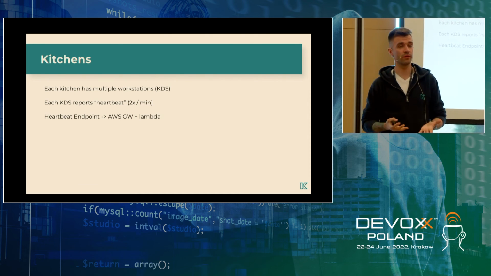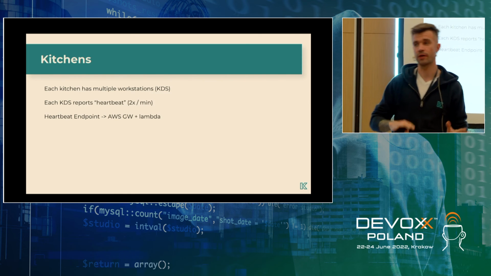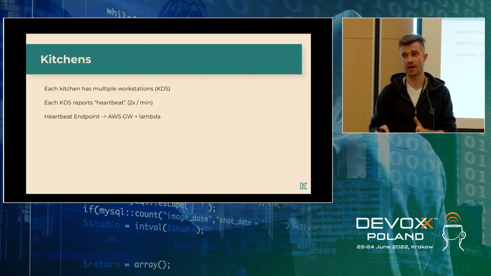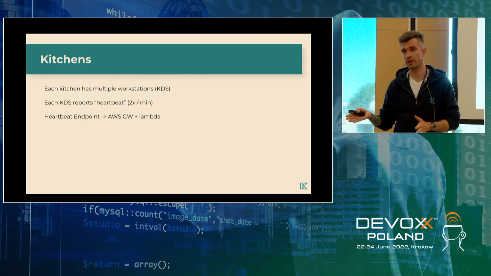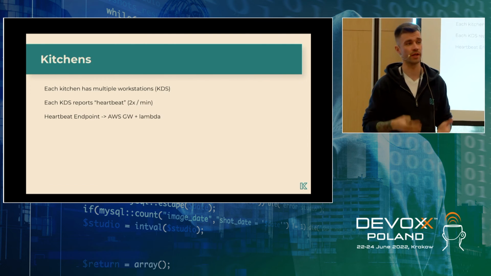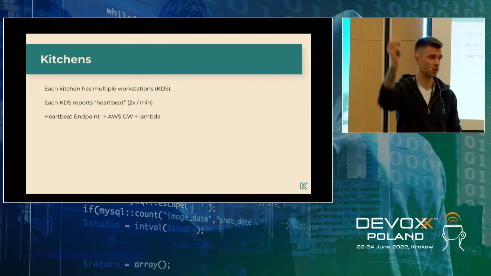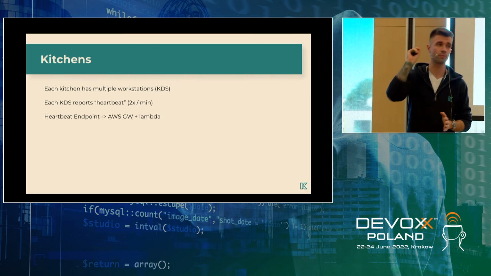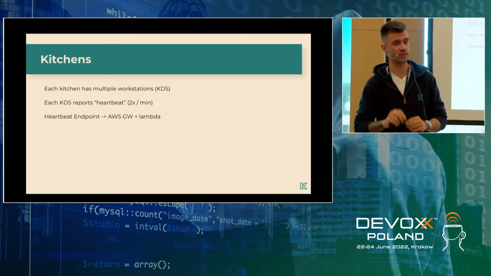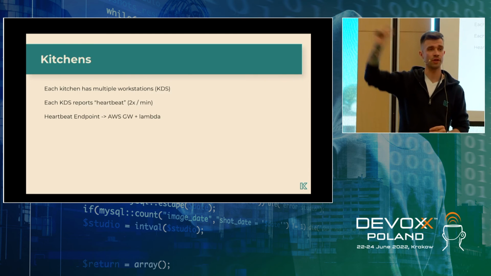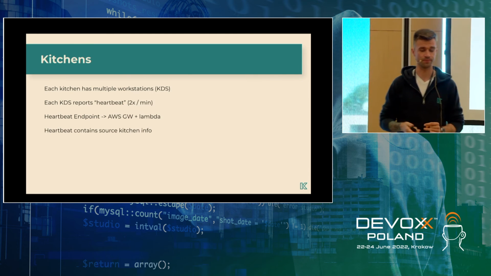And we didn't need any development on the actual microservice side. We just put an API gateway and a Lambda where those stations will ping. And front-end developers just applied a mechanism, every 30 seconds, just ping this place.